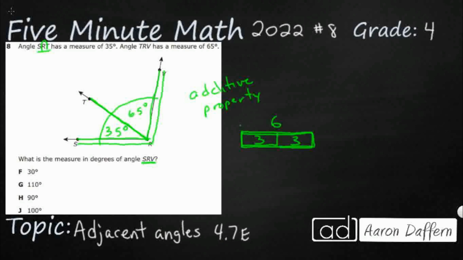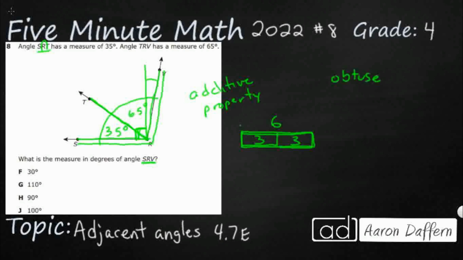Now, let's take a look at this big SRV, because I'm trying to estimate where a 90-degree angle would be. I'm thinking it's a little bit big. I'm thinking a right angle is something right around there. I'm trying to make that square corner. And you see how this one's a little bit bigger, which means I think this is an obtuse angle.